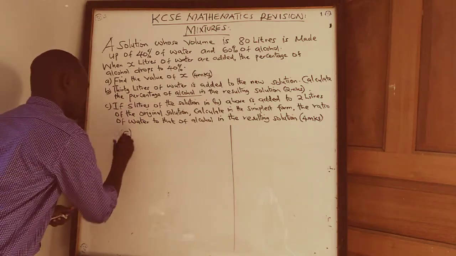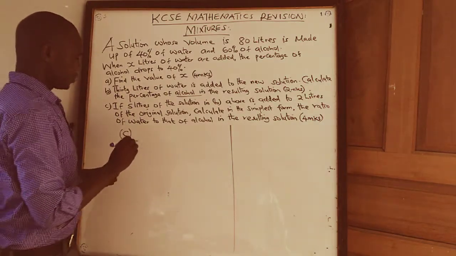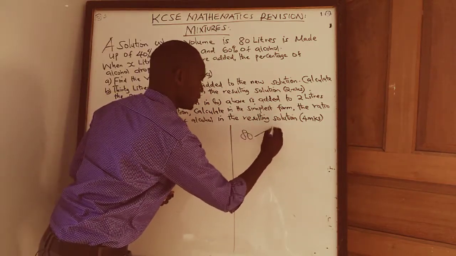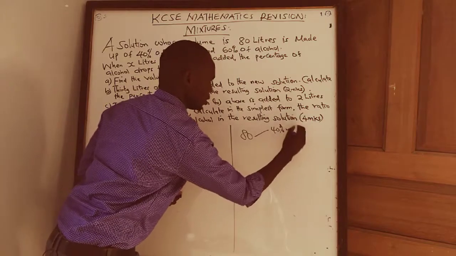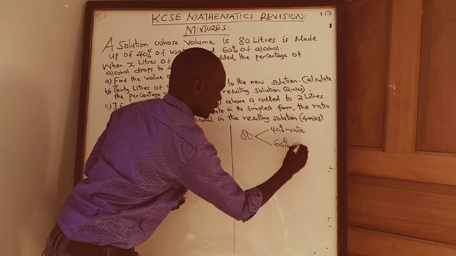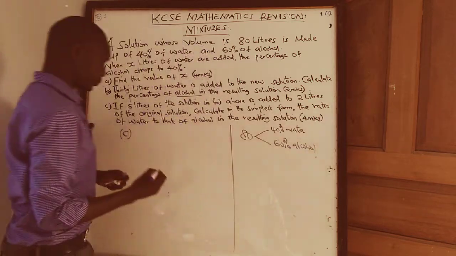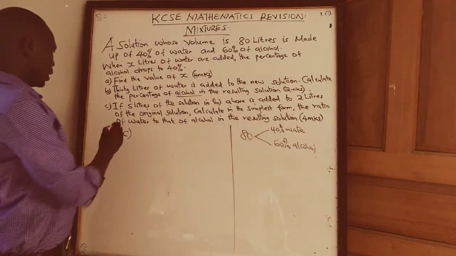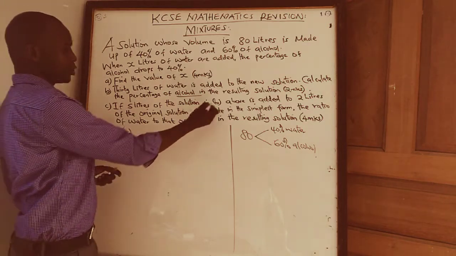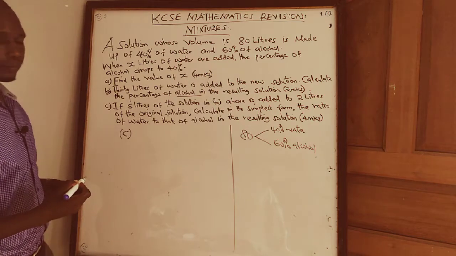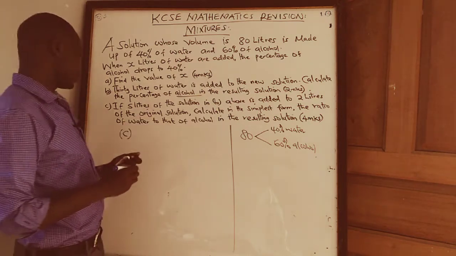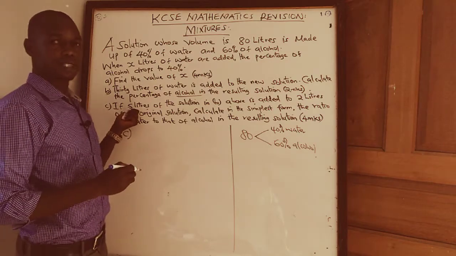We have our part C here, and before we move on, we had 80, and this 80 had 40% water and 60% alcohol. Now, if 5 liters of the new solution in B, and we know the new solution in B is 150 liters, but out of 150 we are only taking 5 liters.